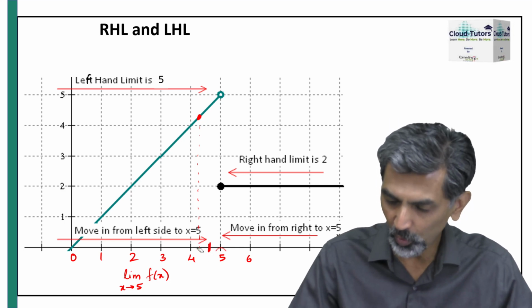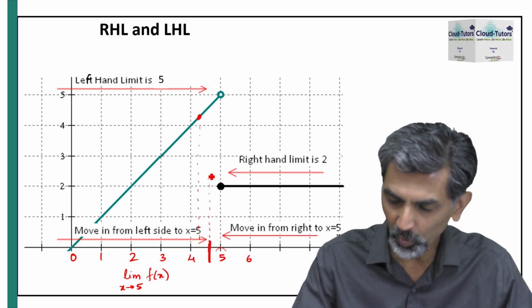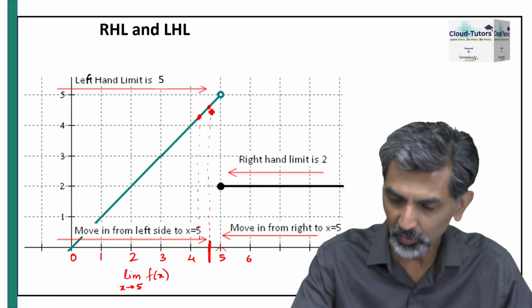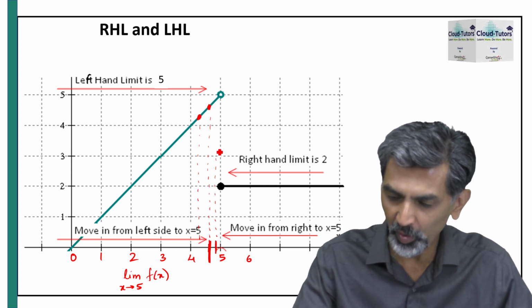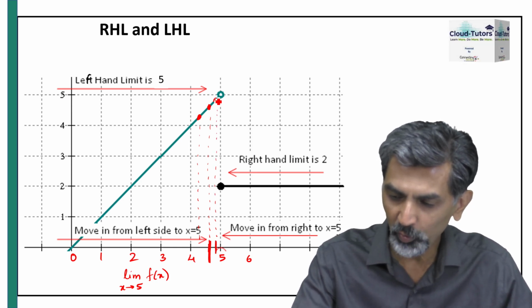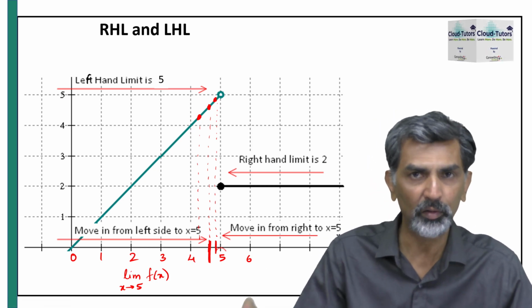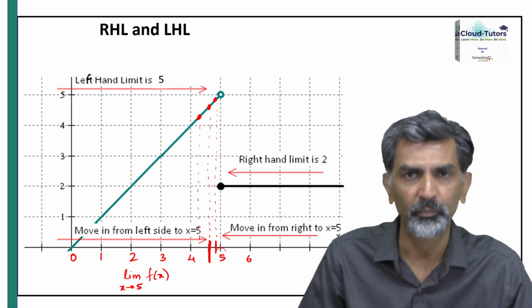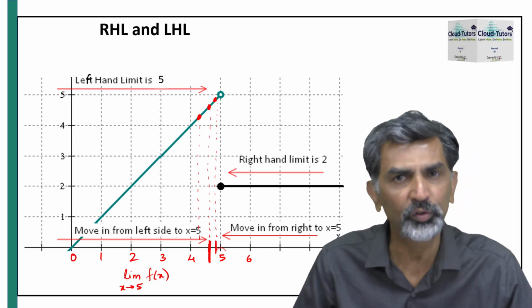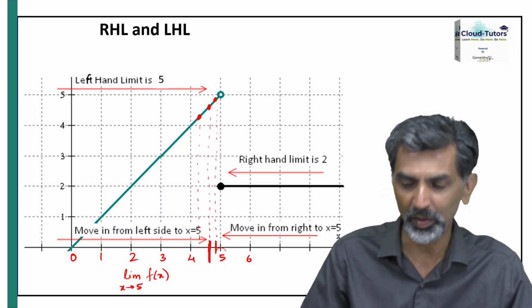For this value of x here, the corresponding value of f of x is here. As you go closer and closer to x equal to 5, you will see that f of x approaches the value 5. The graph is heading towards 5. So as x gets closer and closer to 5, f of x gets closer to 5.